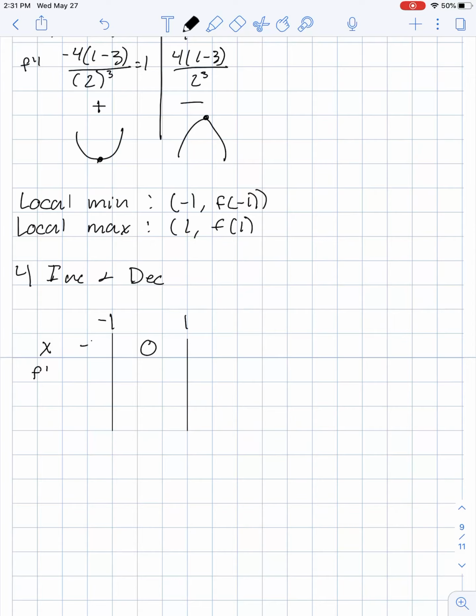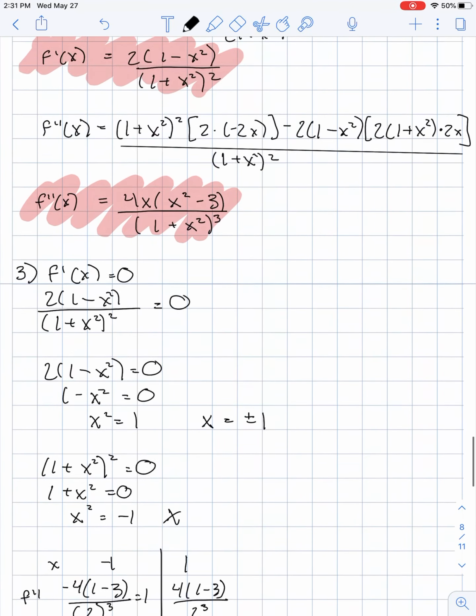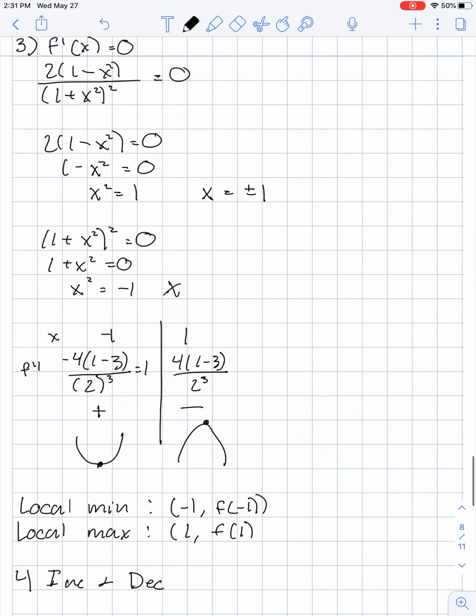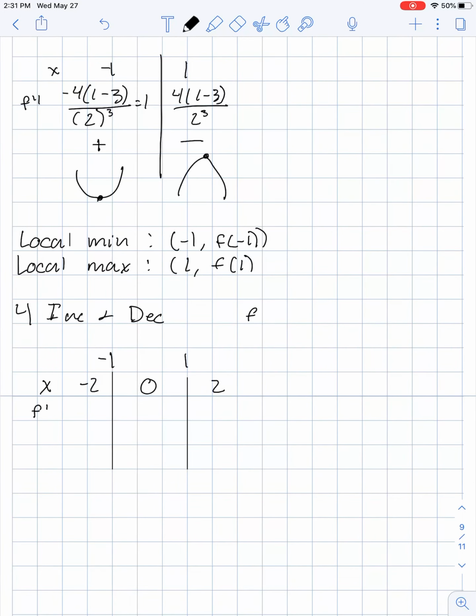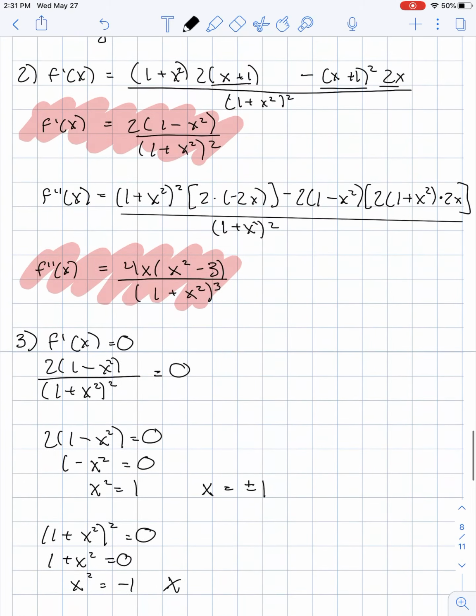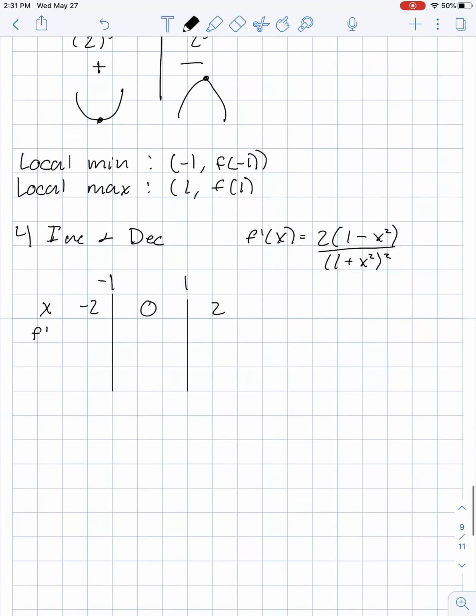So if I plug in, love to plug in 0, and let's do -2 and 2. So f prime is 2, let's come down here and write it again. It is 2, 1 minus x squared over 1 plus x squared, that quantity squared, right? Okay. Don't want to write it wrong.